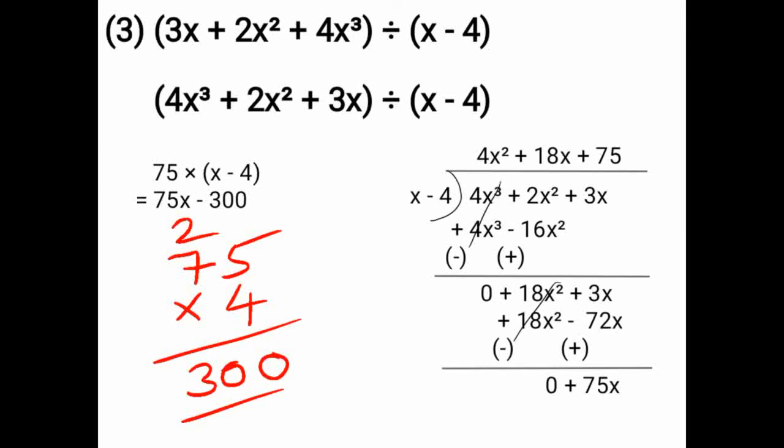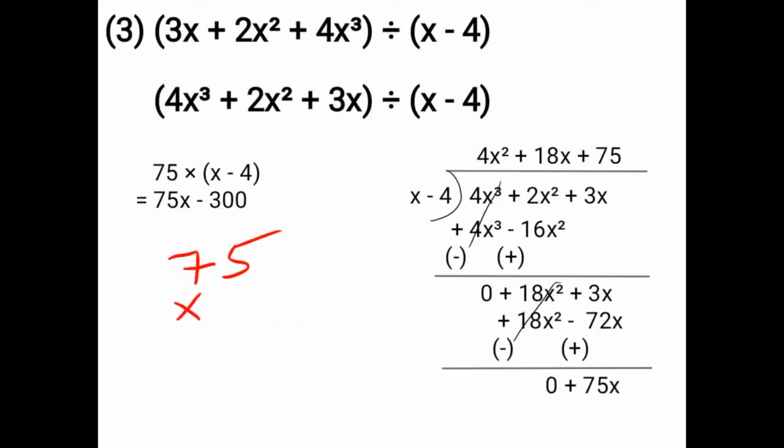So plus 75x, you have to write it down, and minus 300. You don't have a number without a variable here. If in this division of polynomials there is a number without a variable, you have to write it here. So you have to write this way, plus 75x minus 300.